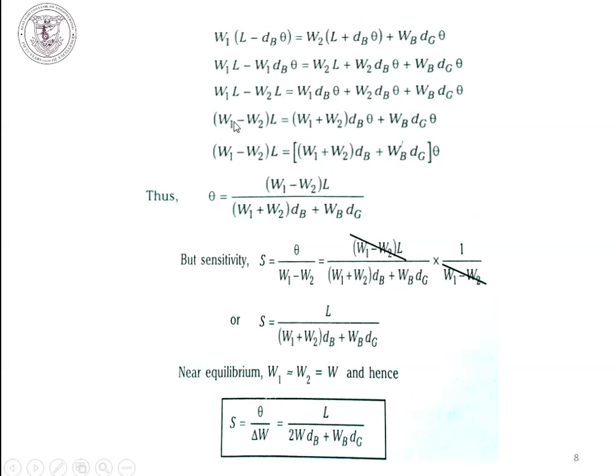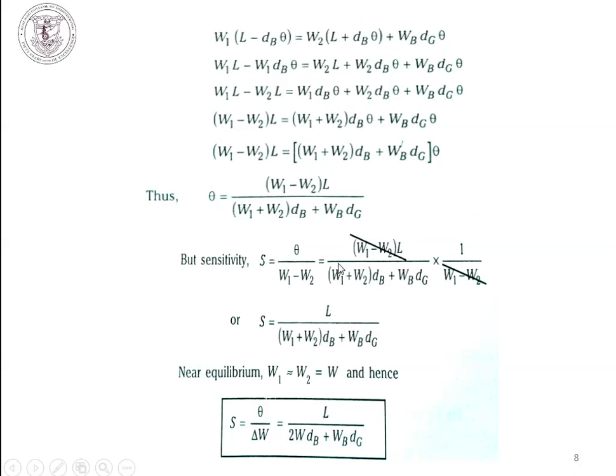We got this equation. Then we take L as common, and on the other side we take W1 plus W2 as common. So from this we got theta is equal to (W1 minus W2) into L divided by [(W1 plus W2) into dB plus WB into dG].